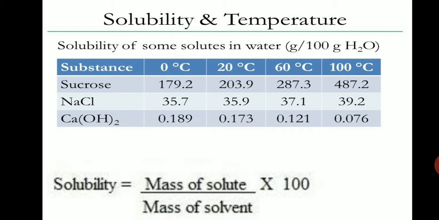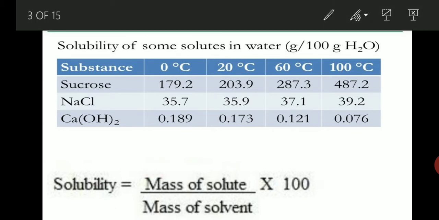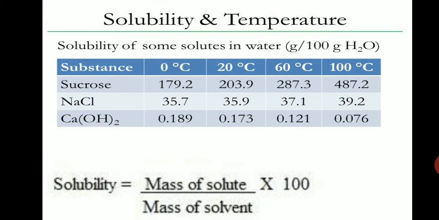We can find out the solubility if the mass of the solute and the mass of the solvent are known to us. How is it expressed? It is mass of the solute divided by mass of the solvent into 100.